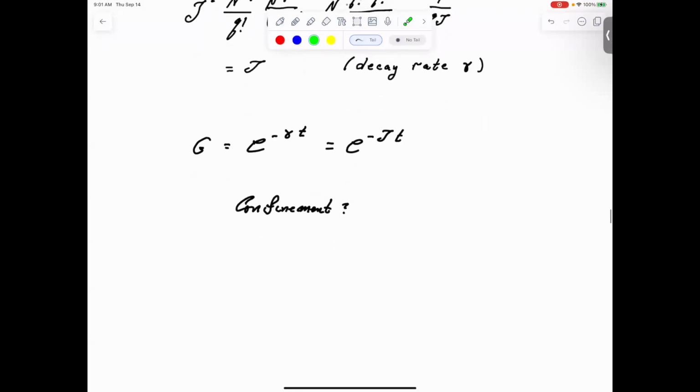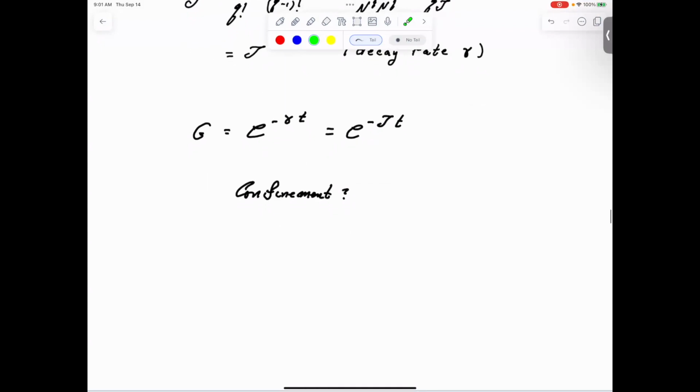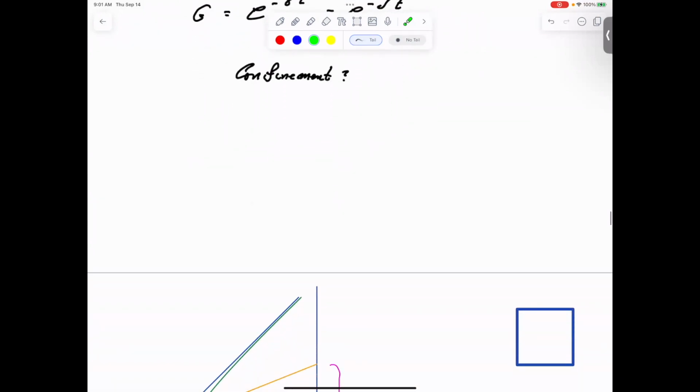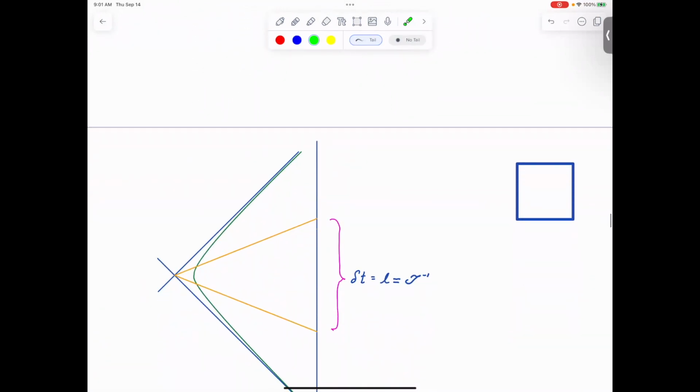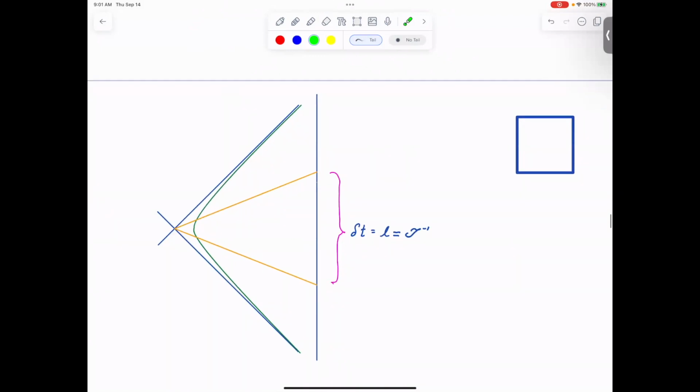Now, why is it confinement? This J here is related to the cosmic time scale. You might think that this is telling us that the fermions can propagate into the bulk, but I'll show you now why that's not true. Here's the Penrose diagram, or a piece of the Penrose diagram associated with the static patch.